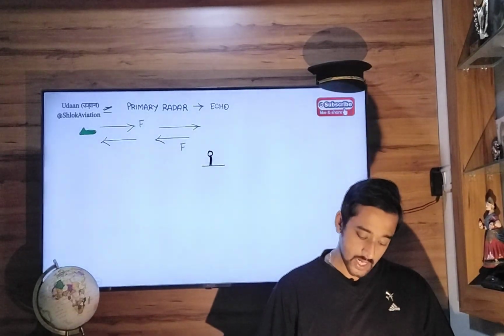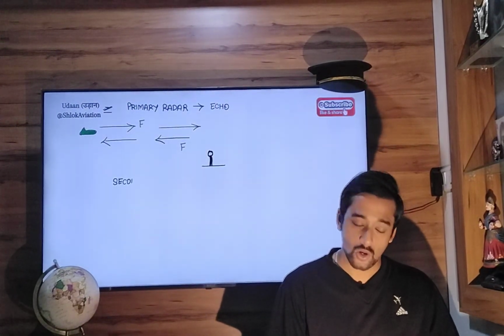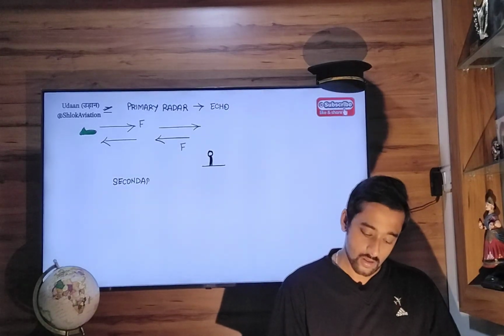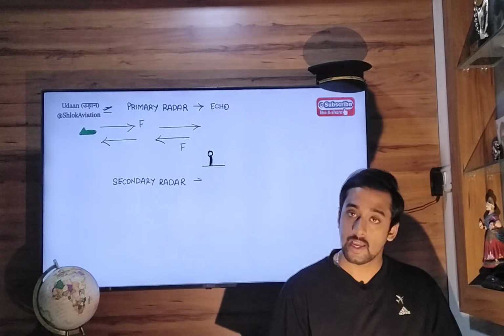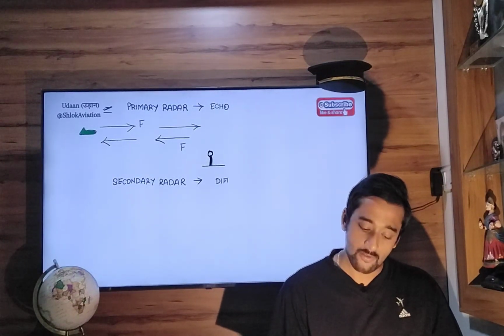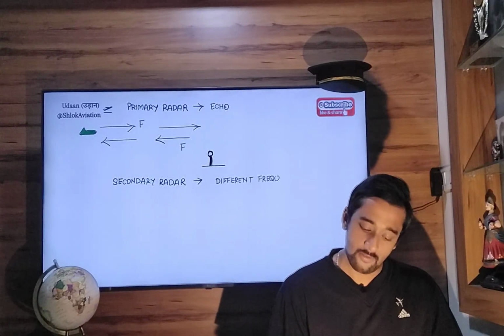But secondary radar does not make the use of the echo principle. Secondary radar uses two different frequencies. One frequency for interrogation and another for reply. Different frequencies are used.